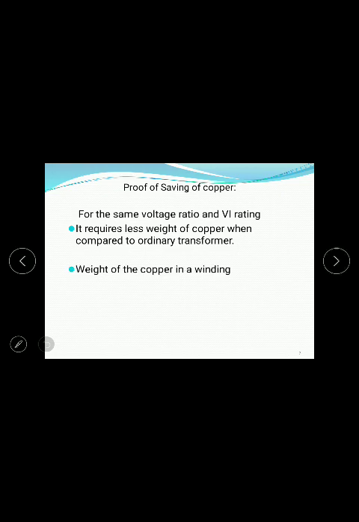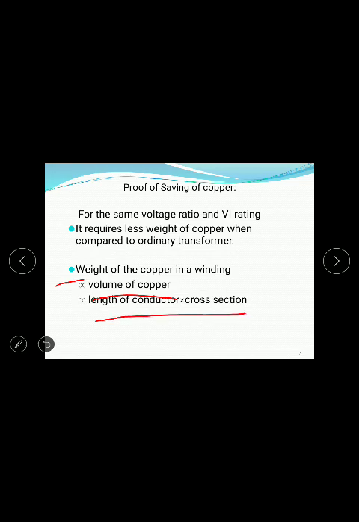The weight of copper in a winding is proportional to the volume of copper, which is proportional to the length of the conductor multiplied by the cross section area of the conductor, and also proportional to the number of turns into current.